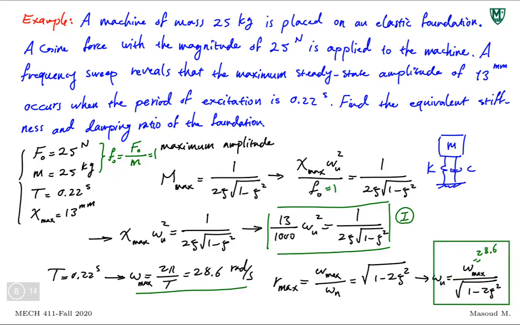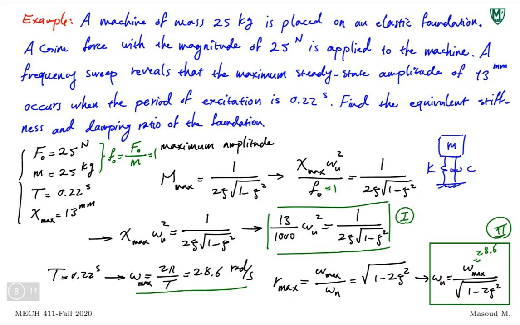Now I have another equation, equation number 2, that gives me a new relationship between omega n and zeta. So now I have two equations, two unknowns.